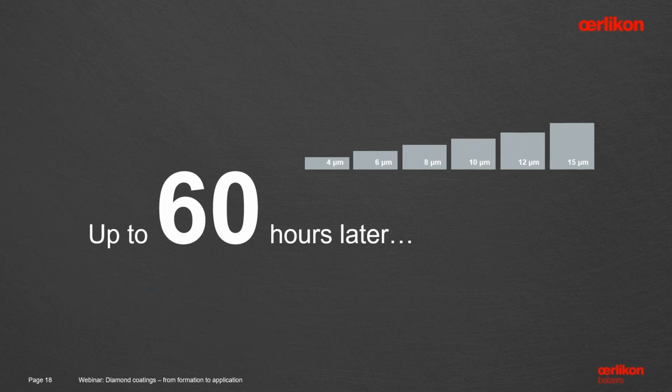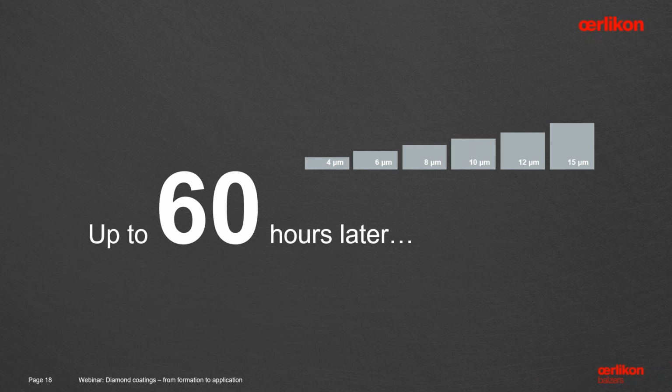Therefore, if you consider the typical thicknesses that are used for the protection of the tool, they go from 4 micron to 15, in some rare cases 20 micron. The tool can be in the coating process for up to 60 hours, so it's quite a long process. If you compare to PVD, it can be 3 to 4 hours maximum.